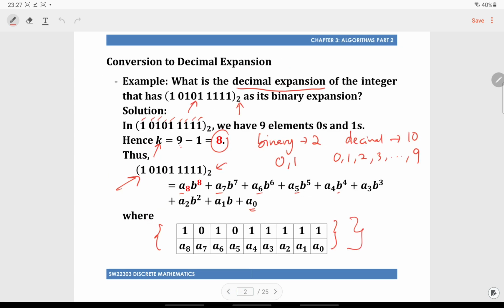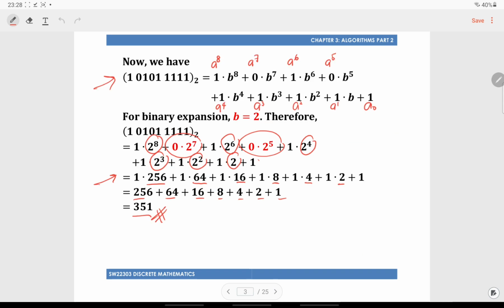The first step is to identify the value for k. k is equal to the total number of digits, or total number of elements, minus 1, and then we write this equation. Then we build this table, filling in one by one from a8 up to a0 based on the given expansion, and we replace the values of the a's into the equation and compute the value.